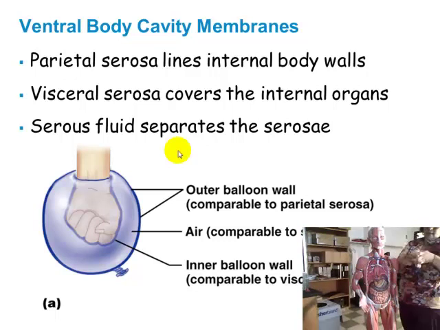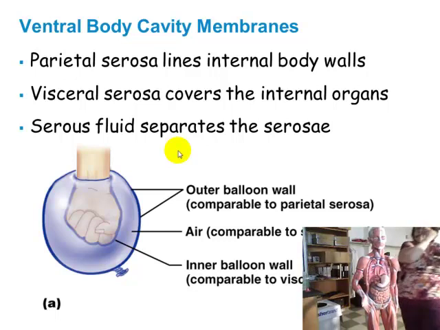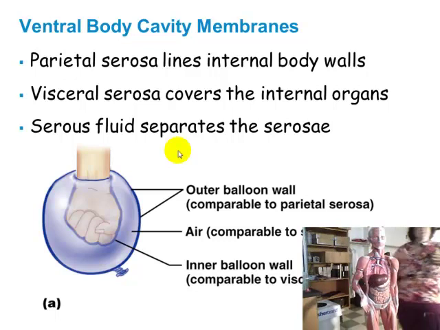They have the side that wraps around the organ, and then they have the side that wraps around the actual cavity. Okay, so there's a side that lines the cavity and a side that wraps around the organ. So the parietal serosa lines the body cavity, and the visceral serosa covers the organ. Right. So whenever you see viscera, think of the organ. So that's going to help you to remember which side does what.